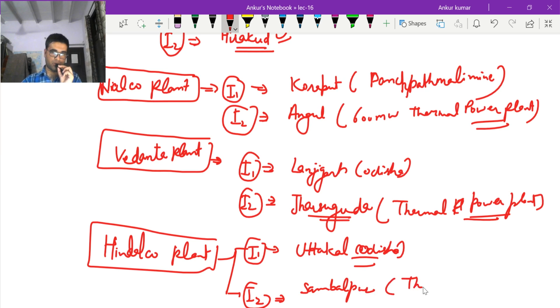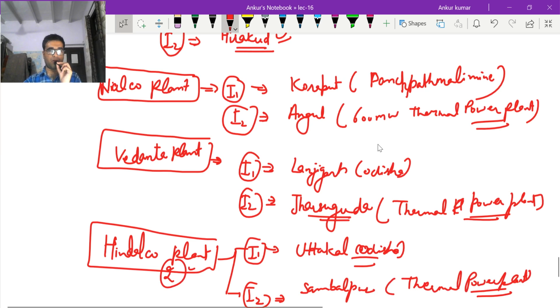There we have a thermal power plant. So this was the second plant of Hindalco.